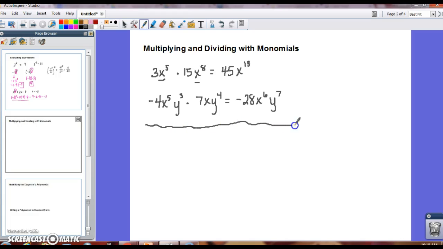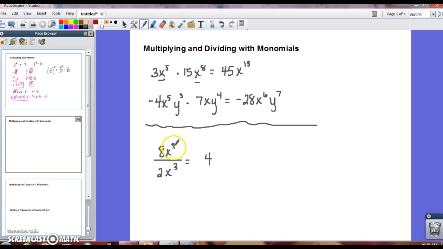When you are talking about dividing, 8x to the 9th over 2x to the 3rd. Just like up here you multiplied your coefficients, here you're going to divide your coefficients. So 8 divided by 2 would be 4.